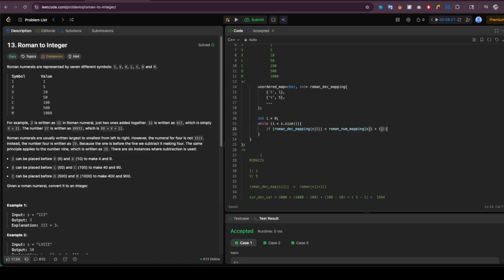Then we add to the current decimal integer the next character minus the current character, mapping both from the Roman form to our decimal form.